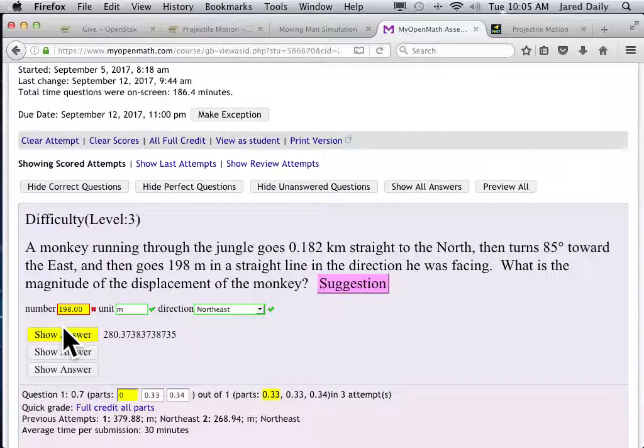Yeah, 182 plus 187. That's one here I got. It should be, let's see, this should be 182.